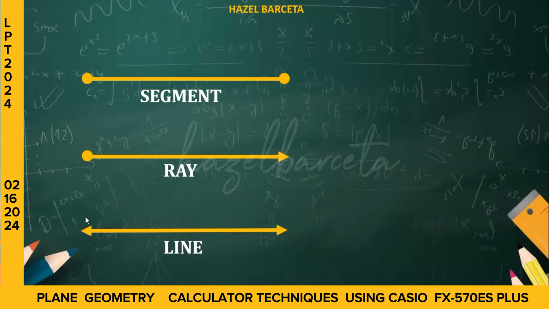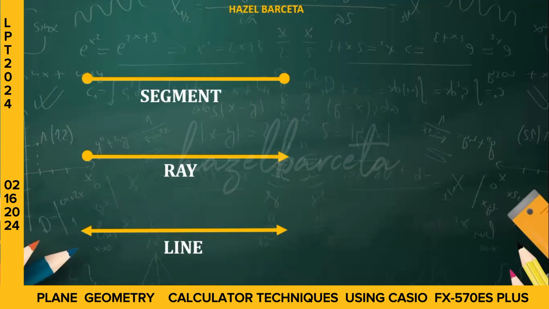Ito naman ay hindi po na-define ang start ng relationship and it's going there. So, hindi siya defined, infinite line. Okay? So, we have point, segment, ray, and line.